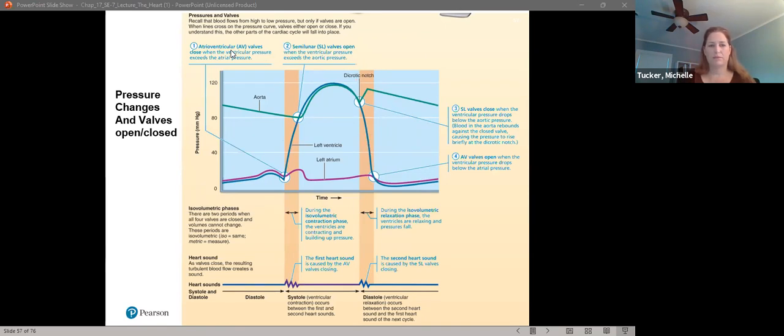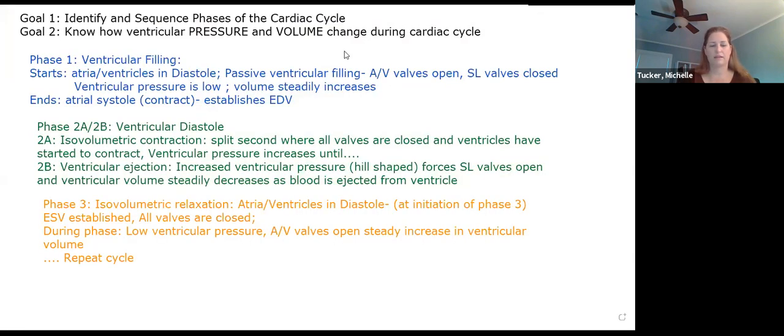So if we go to the whiteboard to move this, I have summarized goals 1 and 2. So the first goal of today for the new material is to identify and sequence the phases of the cardiac cycle. The first phase is ventricular filling. It's going to start with the atria and ventricles at rest.